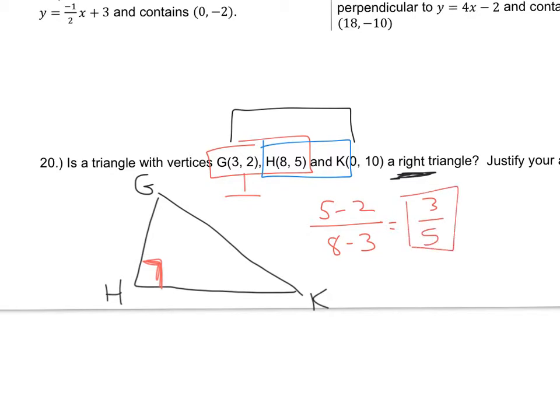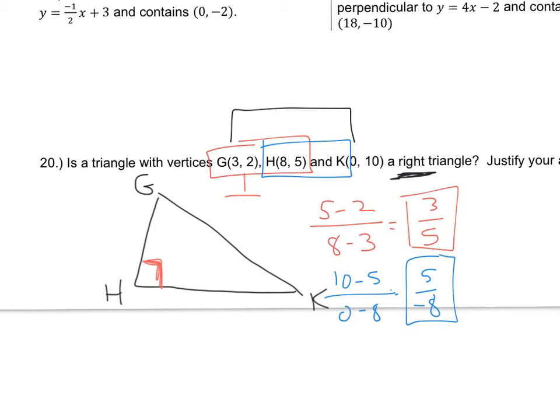So once you do a few of these, it goes pretty quickly. For the blue one, it'll be between H and K, so we have 10 minus 5 over 0 take away 8. That leaves 5 over negative 8. So far, we have no right angle.